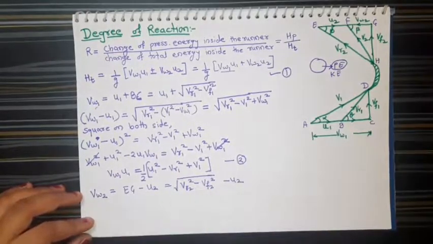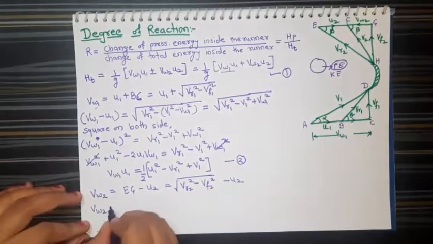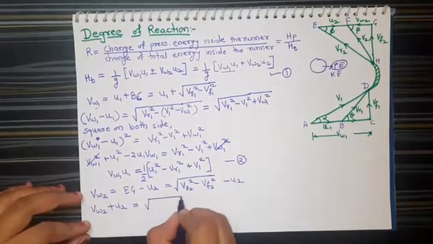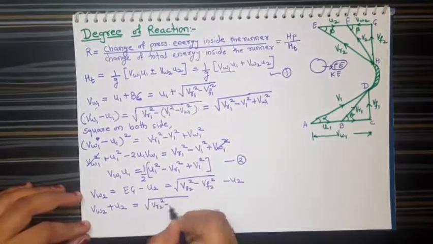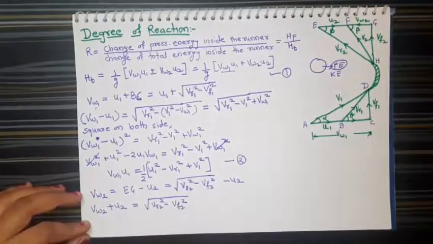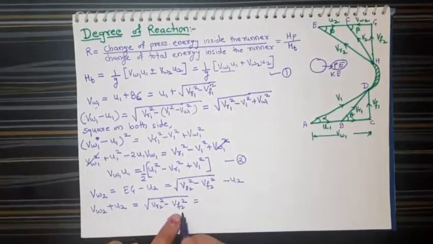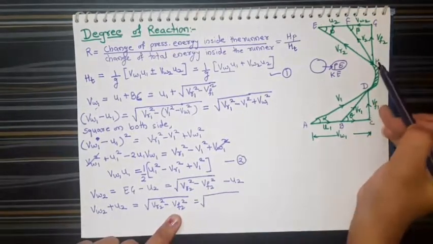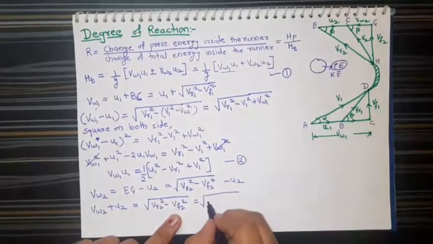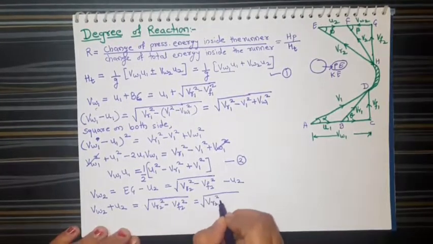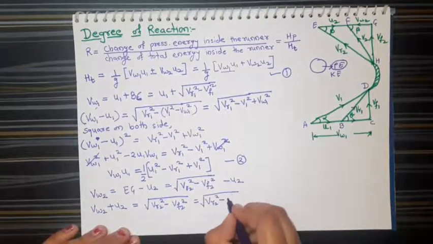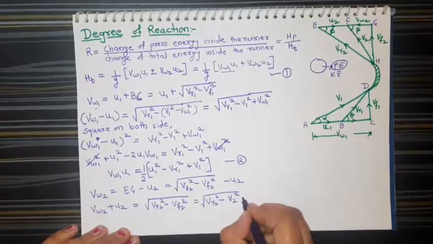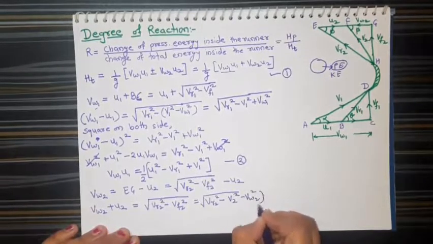Again take this U2 to the other side: VW2 plus U2 will be equal to the square root of VR2 square minus VF2 square, which for VF2, if we replace using this triangle HGF, we can write as VR2 square minus V2 square minus VW2 square.